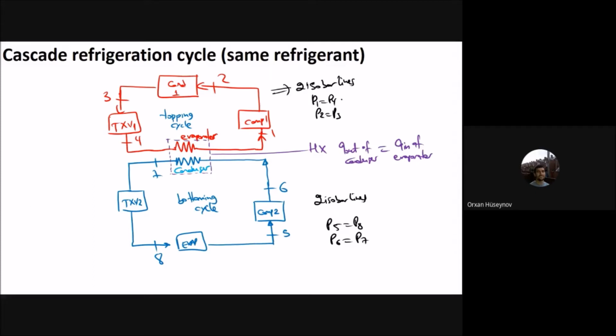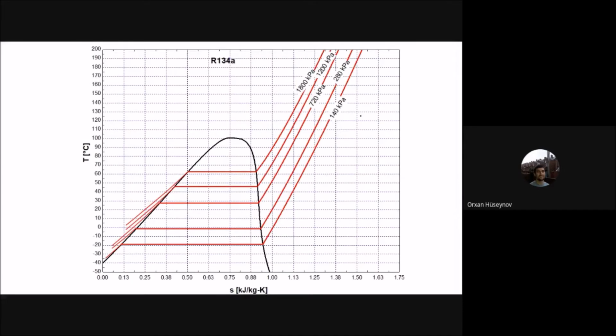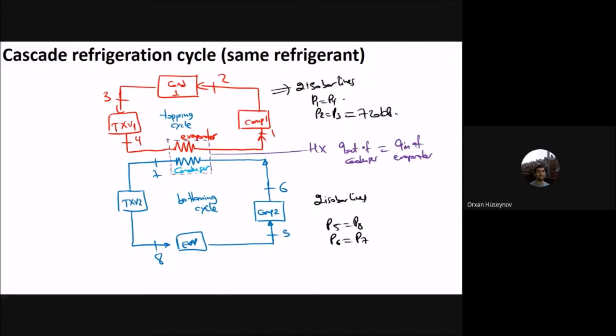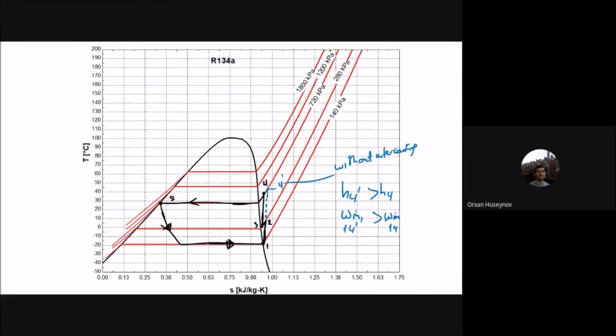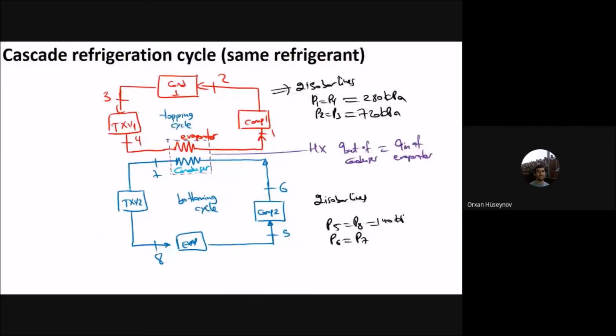Okay, so P2 is the maximum pressure. Let's take this one as 720 kilopascal, and P1 and P4 are at 280 kilopascal here. And P5 and P8 are the minimum pressure. I will take it as 140 kilopascal. Okay.